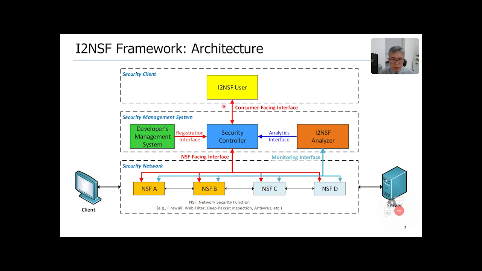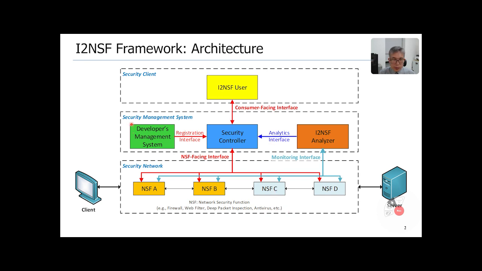So basically, it has three layers: security client, security management system, and security network. The security network consists of multiple network security functions, NSFs, like firewall, web filter, deep packet inspection, and antivirus.